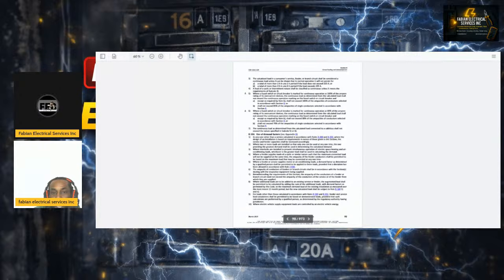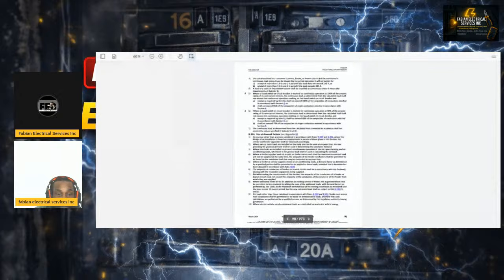And also goes on to say, A, except as required by item B, item B shall not exceed 100% of the ampacity of conductors selected in accordance with Section 4, or B shall not exceed 85% of the ampacity of single conductors selected in accordance with Section 4.